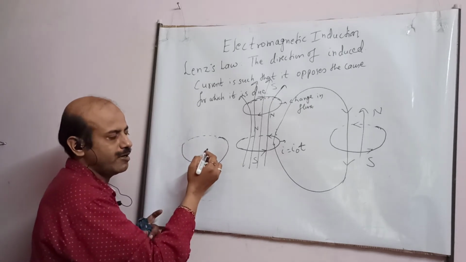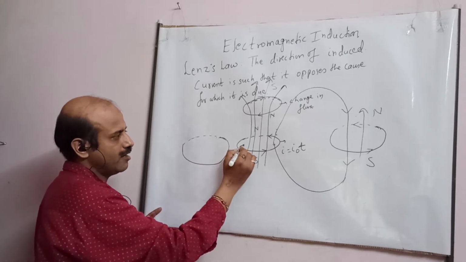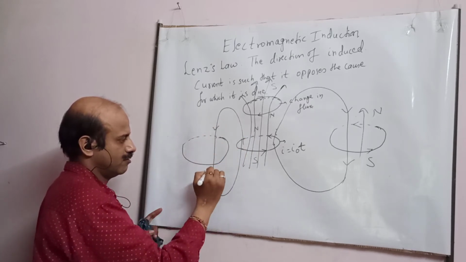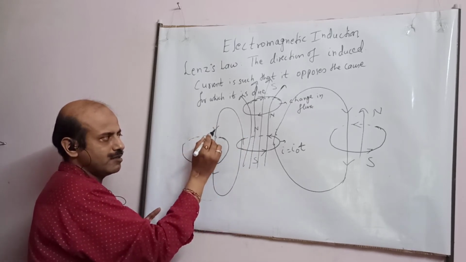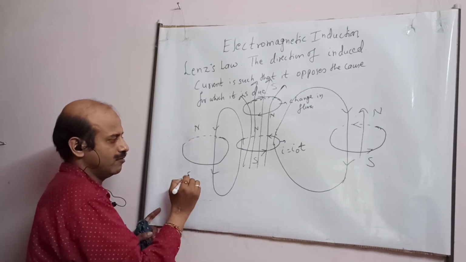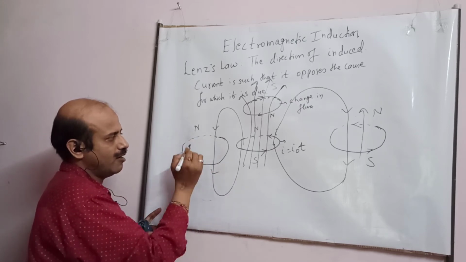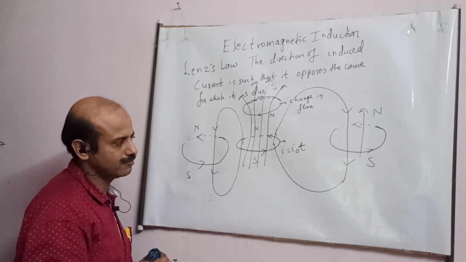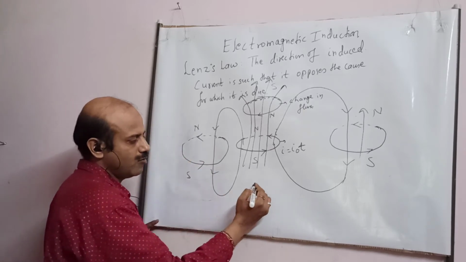Similarly here also, student, you check it. Here the fields are like this. To oppose this, here must be a north pole. So the current will flow like this. See. Now suppose we have another loop here, student.